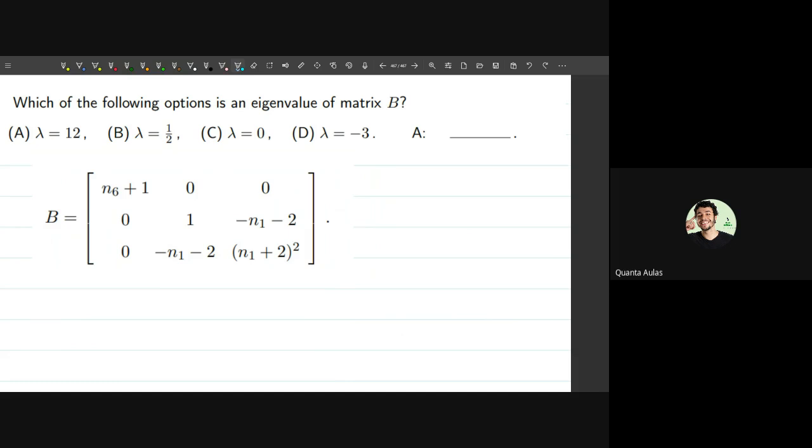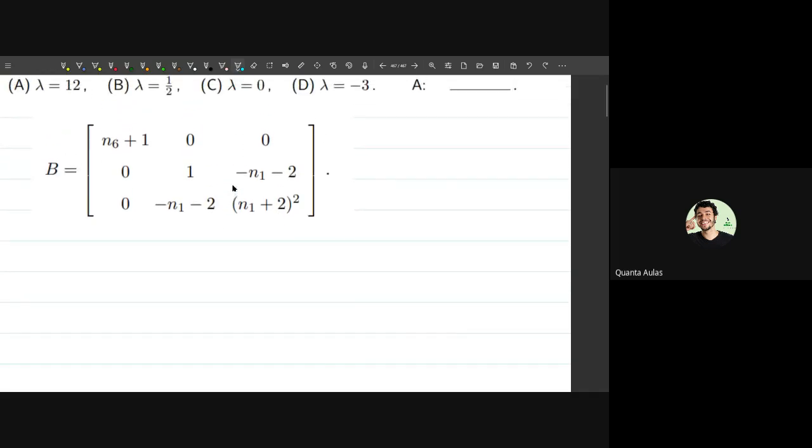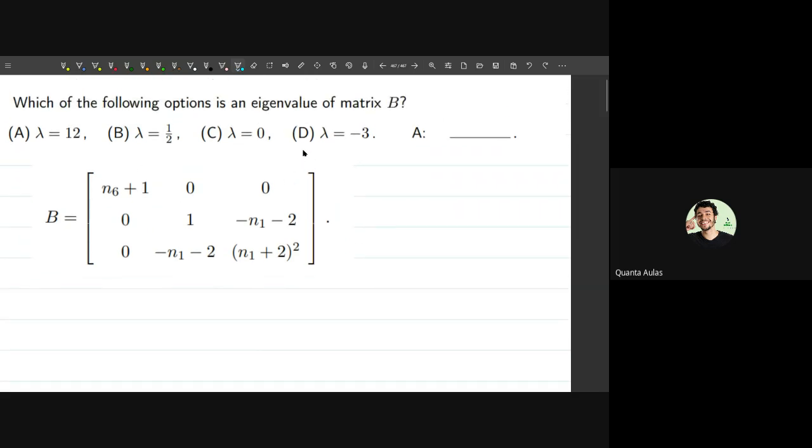For example, we can note this matrix is an upper triangular matrix. What is a triangular matrix? It is a matrix where we have specific values in the lines, for example here we have 2 zeros and here 2 zeros.